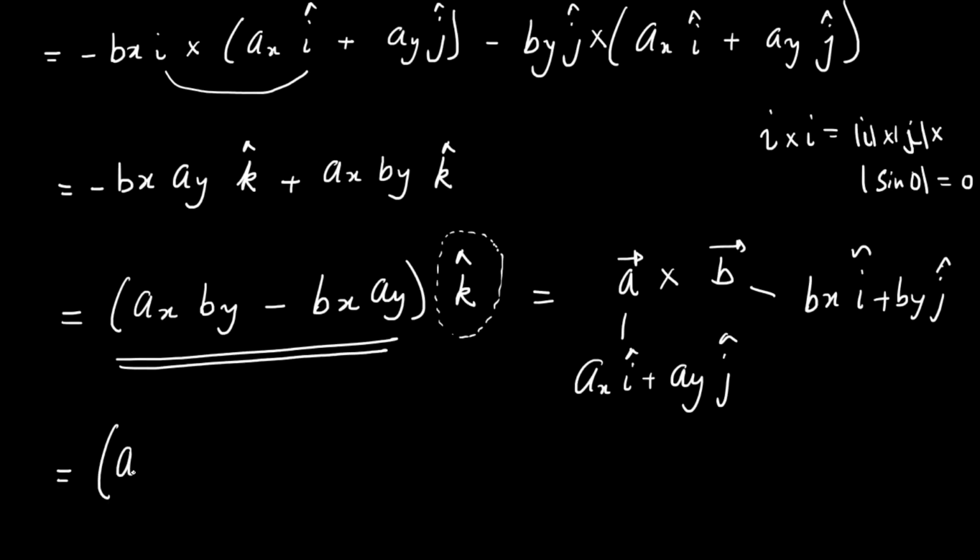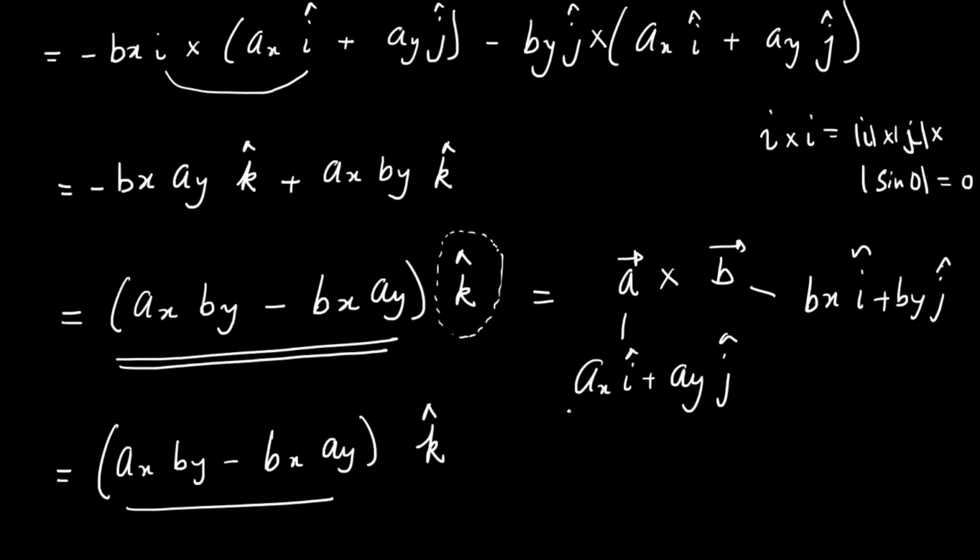You've got to remember it as AX BY minus BX AY, into the direction k. So the direction is absolutely no doubt. Now, how does one remember this? Right now I couldn't remember it by brute force, AX BY minus BX AY. So this is the answer.